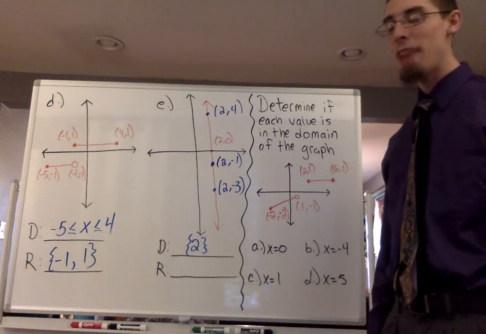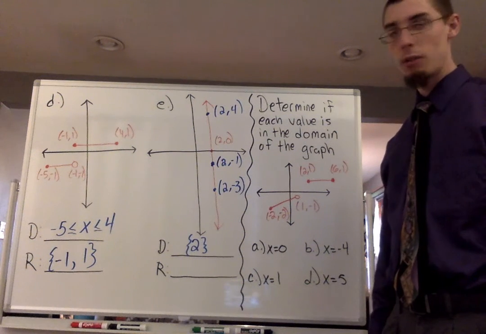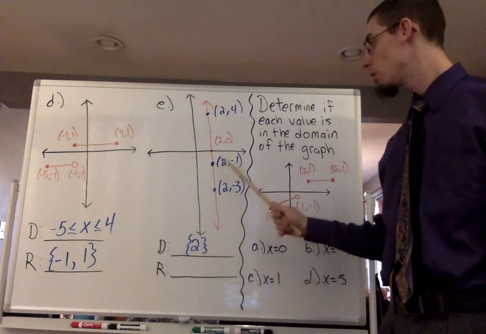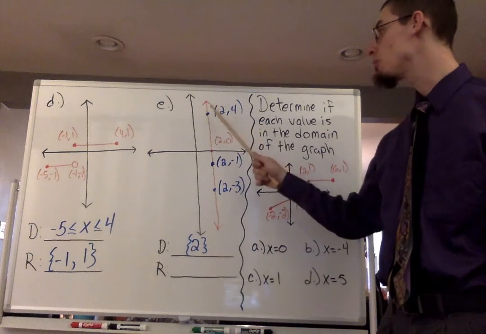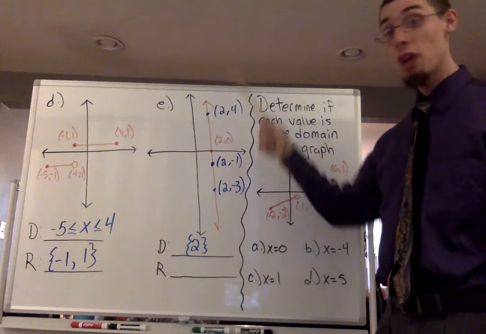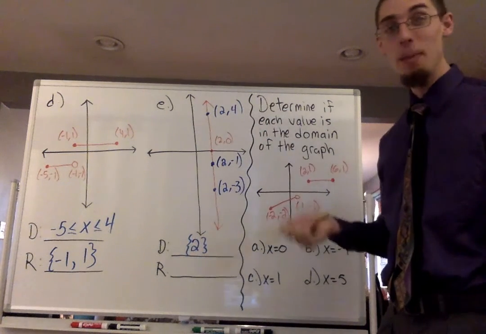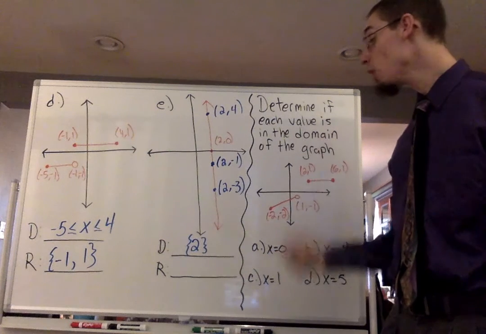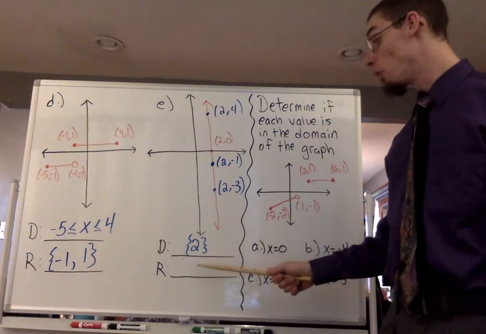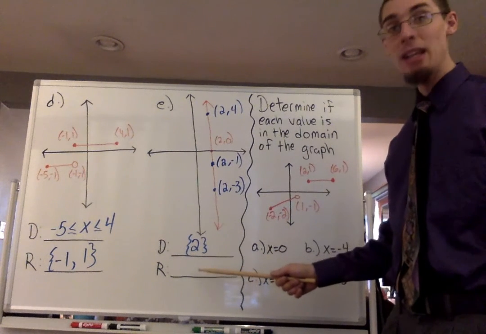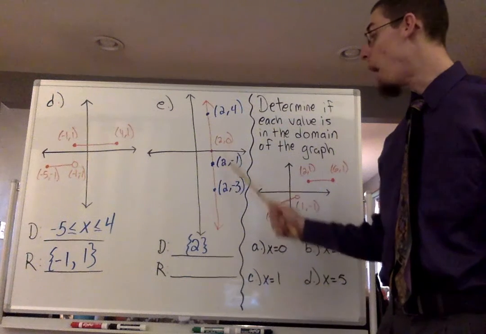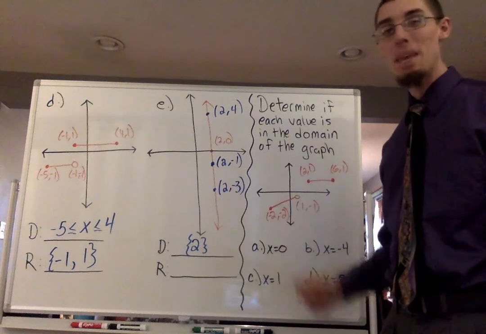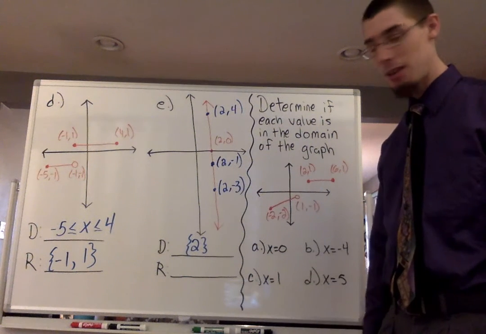You could get every number for y. 2, 4, 2, 7, 2, 11, 2, 98 million, right? The range could literally be any number. The y value could be anything.